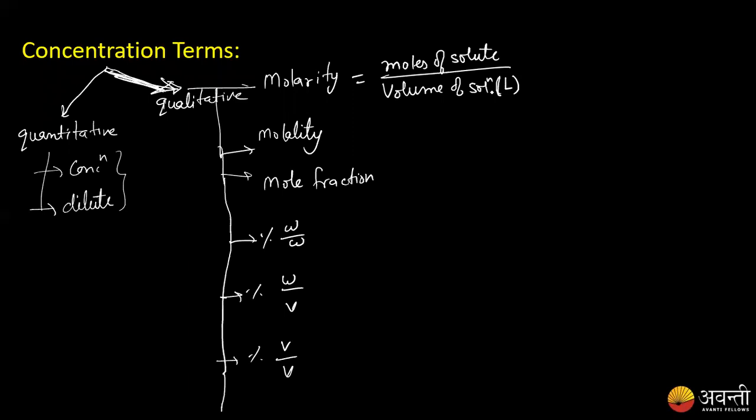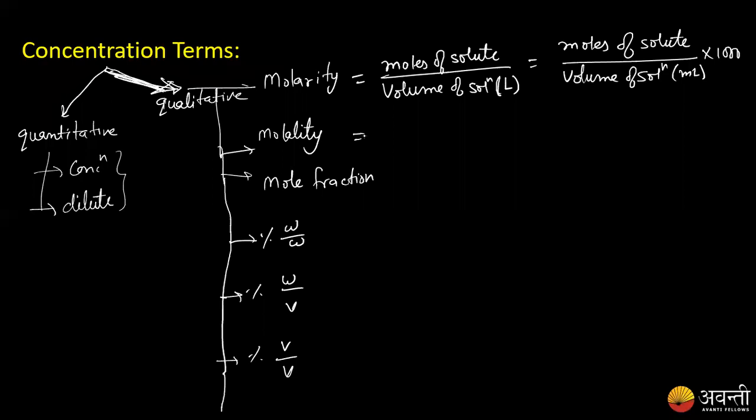Molarity is moles of solute per unit volume of solution. If volume is not given in liters, then we use moles of solute divided by volume of solution in ml, into 1000.